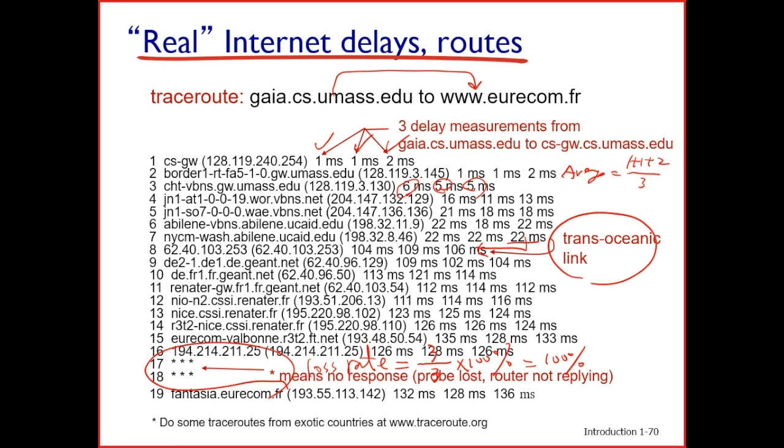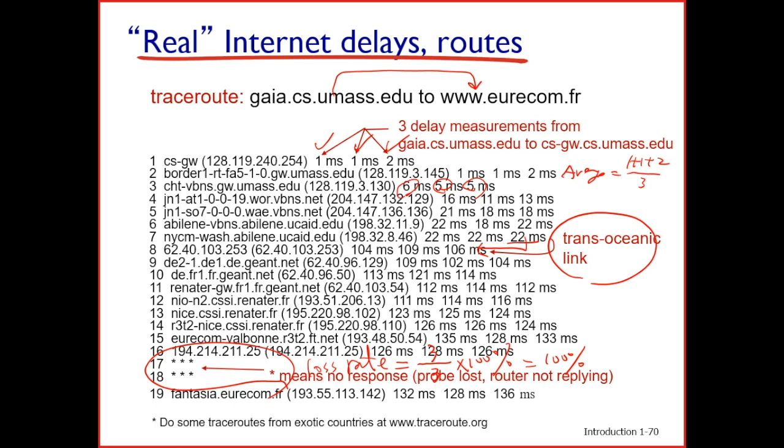But sometimes you just have one asterisk and 2 values. So what is the loss rate? The loss rate is 1/3 multiplied by 100. So if you want the loss rate for the current 2 routers, it should be 100%. Of course, you can have other values.